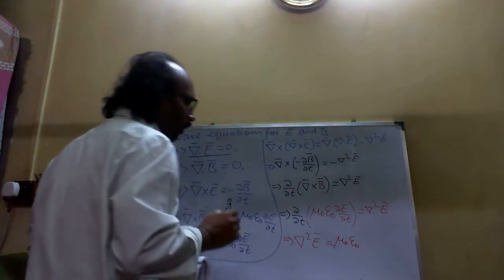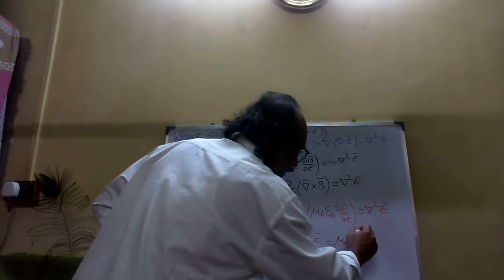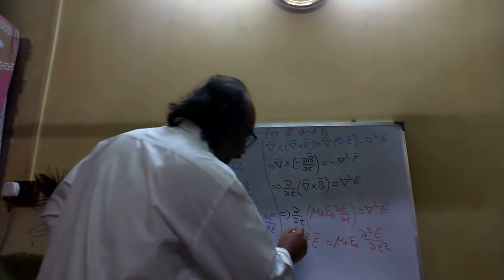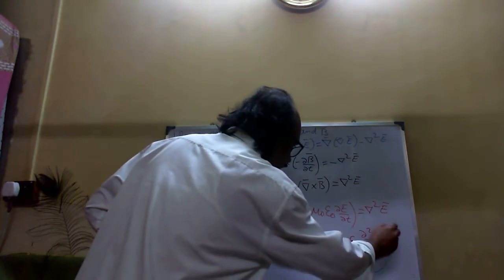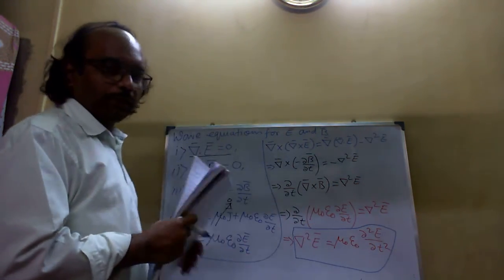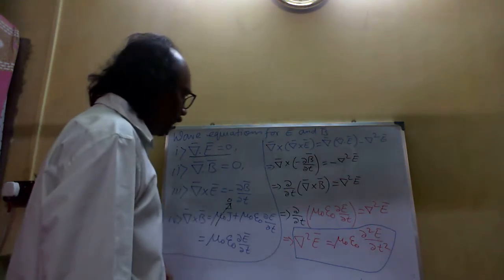Del square E is equal to mu naught epsilon naught del by del t of del E by del t. That gives me del square E by del t square. Very easy. So therefore, we are getting the wave equation for electric field.